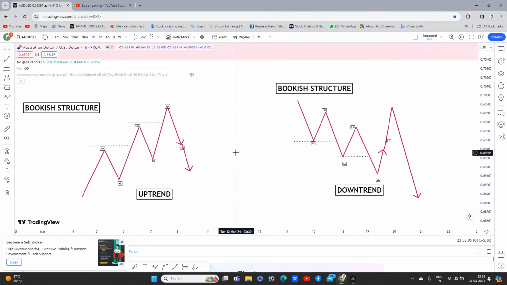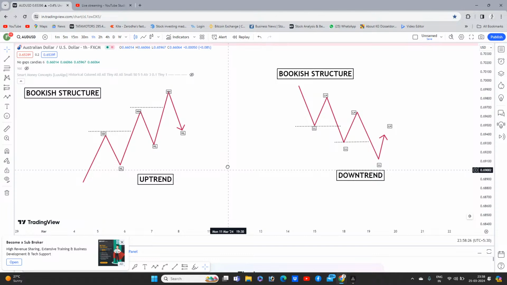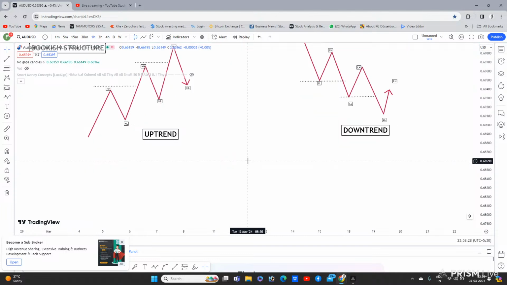So, according to smart money concept, the market does not move like this. The first bookish structure which you saw, the market never moves like this. How the market moves is the real question. The market moves according to what I am going to draw next.